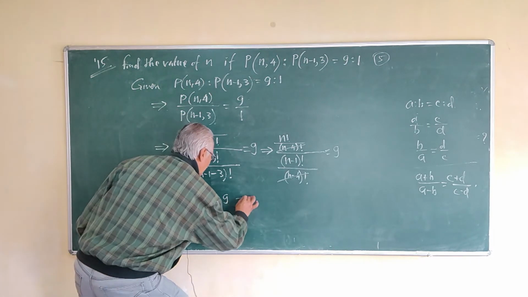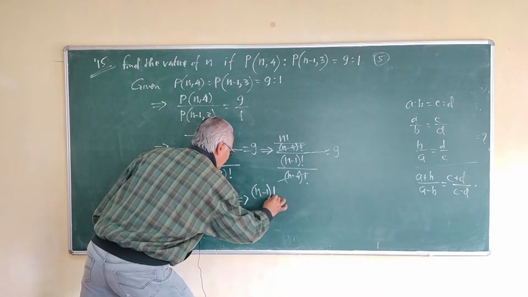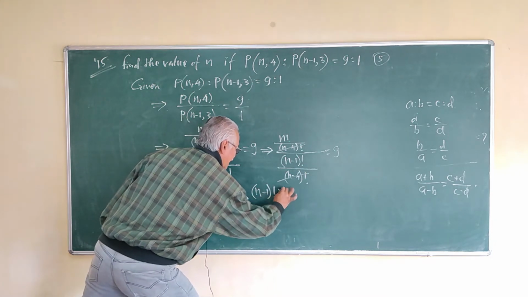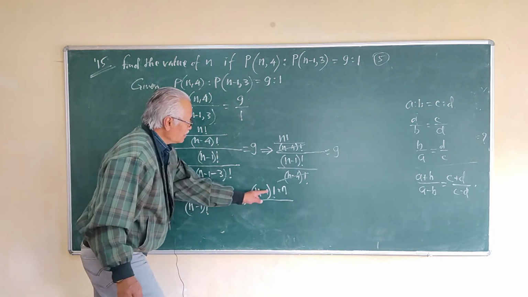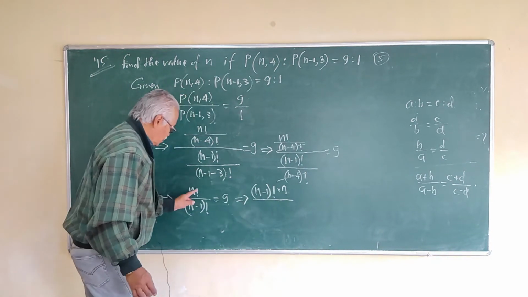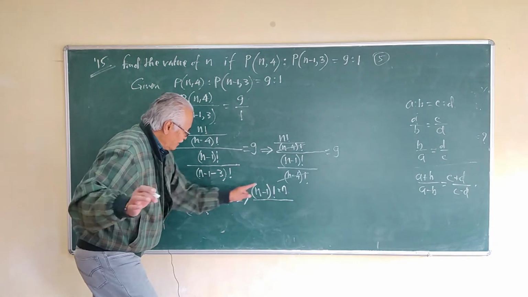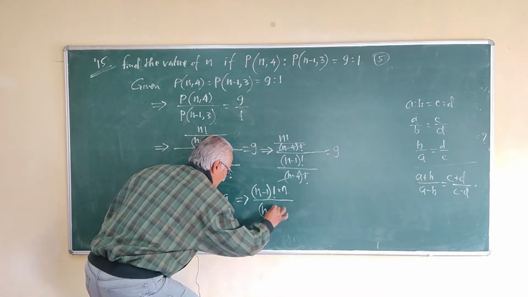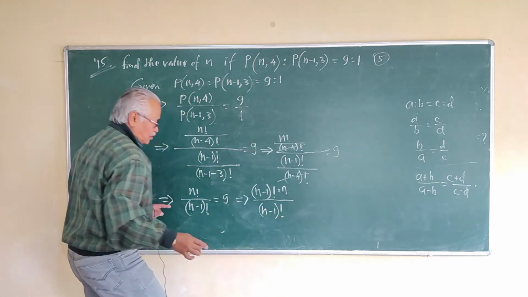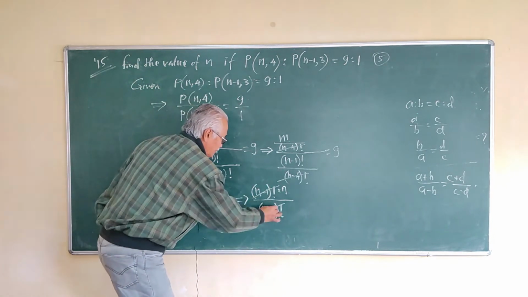So this will give you ultimately n minus 1 factorial multiplied by n. Is that right? N minus 1 factorial multiplied by n gives you n factorial. I split it that way because n minus 1 factorial was there waiting for you in the denominator. So this will cancel away.